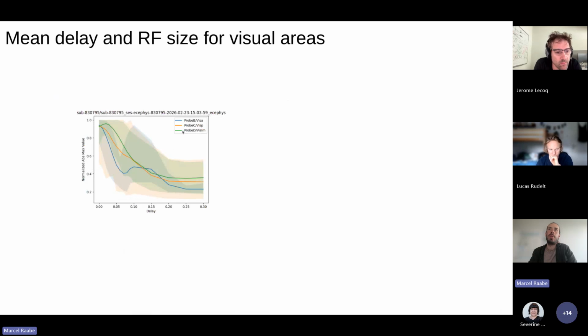And we see for probe C and probe B, the maximum is at very, very low values. It's exactly what I talked about: for that session we see these very low delays, but clearly for probe D, which should aim at higher visual areas, we see a shifted delay. So that's basically what I wanted to test here: do we see different delays for different probes?